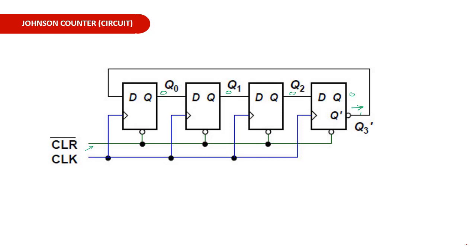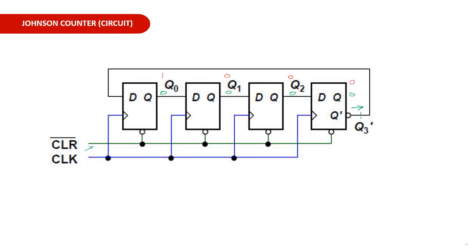So here there is no need of arranging a preset for the first flip-flop, because initially this one is 1. When the next clock pulse comes, the first flip-flop output will be 1 and all other flip-flop outputs will be 0.